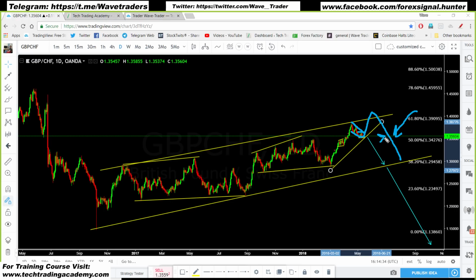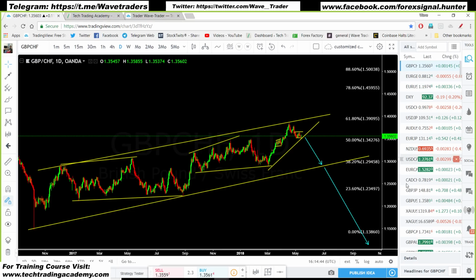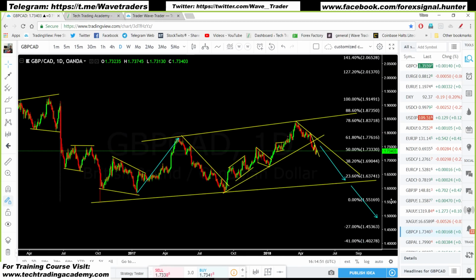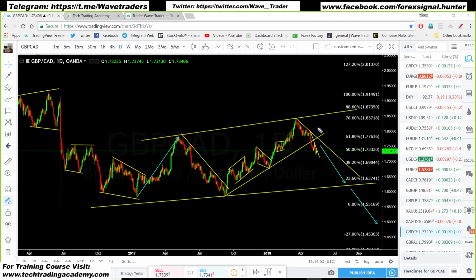This is the wave you guys need to look for. The Pound CAD has already begun that wave. You see where price is right now? Within the middle of that bigger structure.